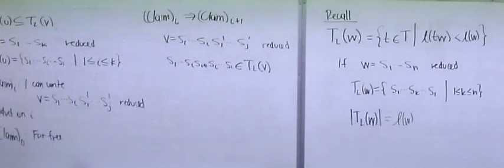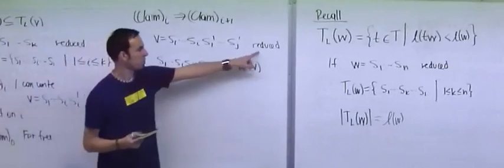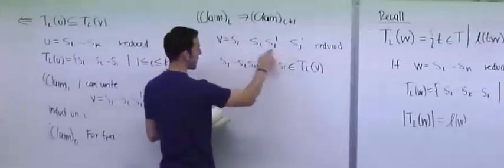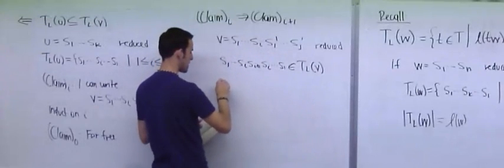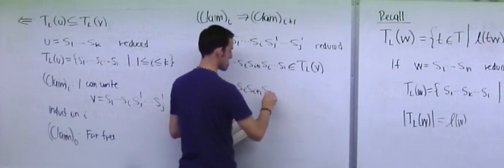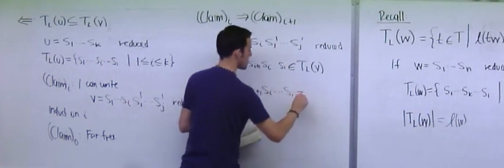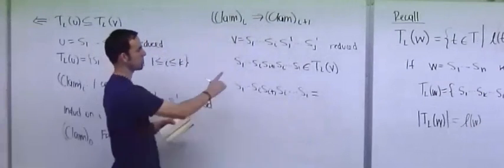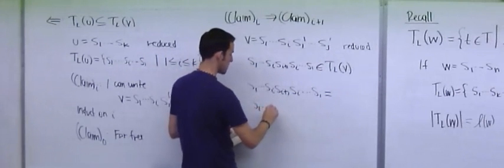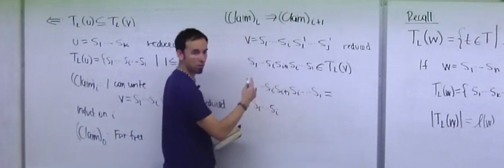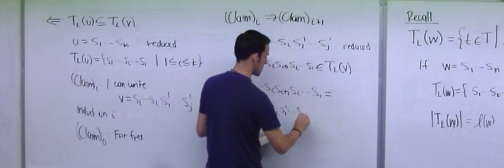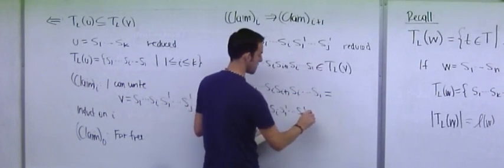So if this is reduced, then I know exactly what's in TL of V, right? It's start here, up and down. And so what I obtain is that this thing must be written as start with S1, then go up to Si, and then continue with some S1 prime, and then let's say that you go up to SA prime, and then you come back.